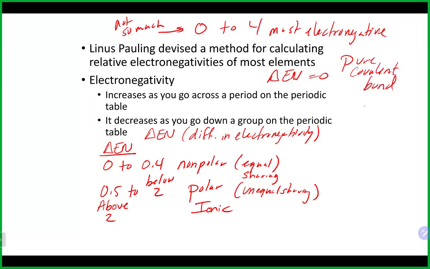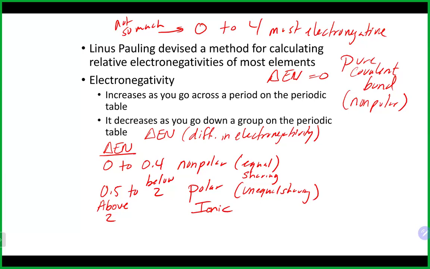A pure covalent bond is still a nonpolar bond, but it is as perfect equal sharing as you could get. It's still considered a nonpolar bond.